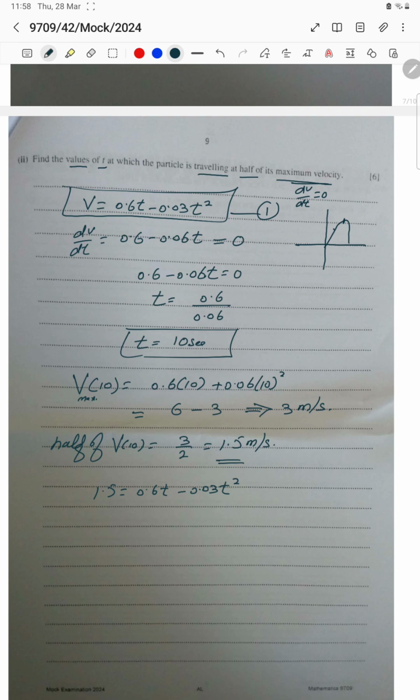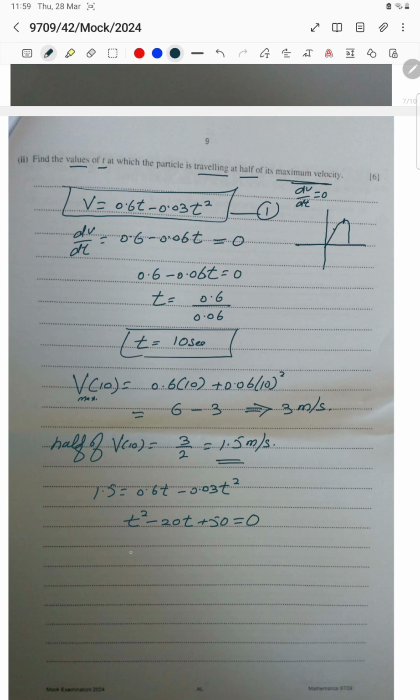Simplify it, and after simplifying we should get t square minus 20t plus 50 equal to 0. It means divide each term by 0.03 and you will get this.